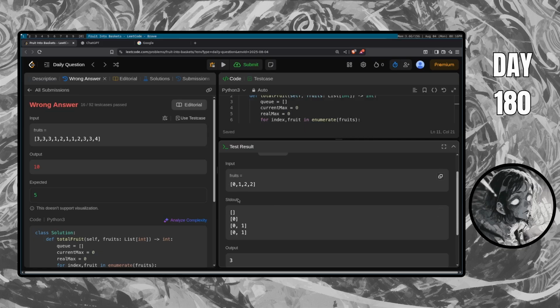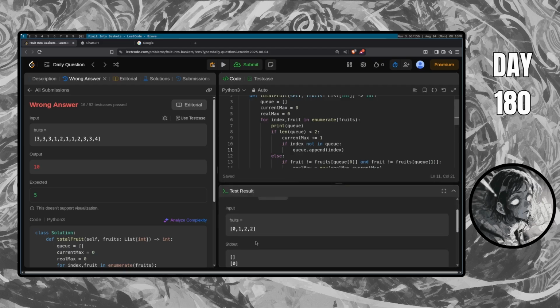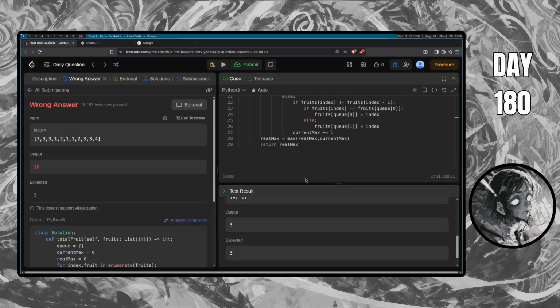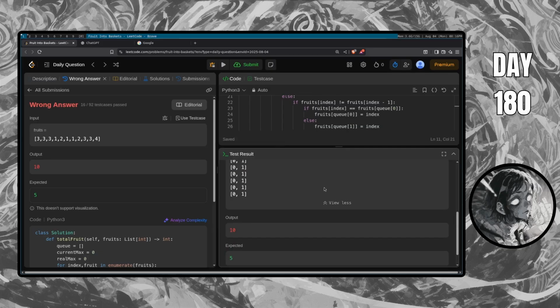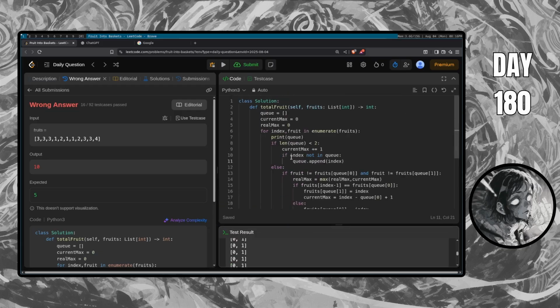Look, I'm not getting it because here the third array should be a 2 probably, and that's not making much sense. What doesn't make sense is how it passed, and I have no idea how the first case passed. What's going on, man?